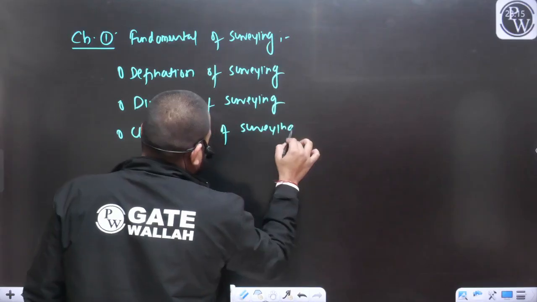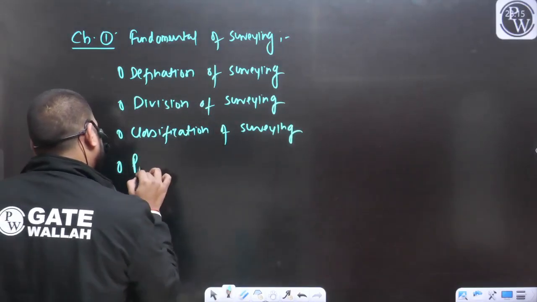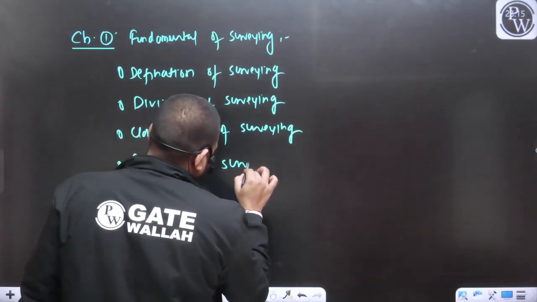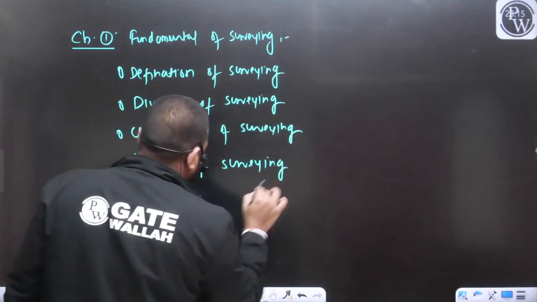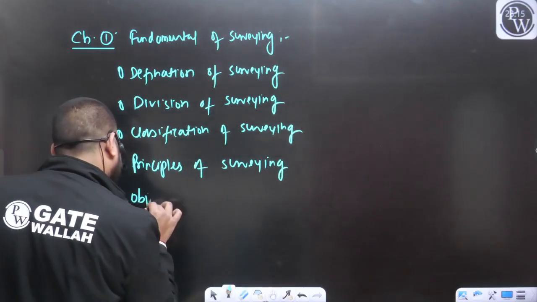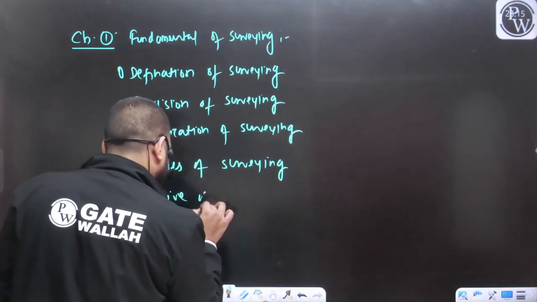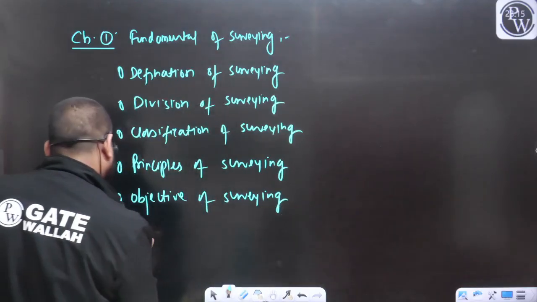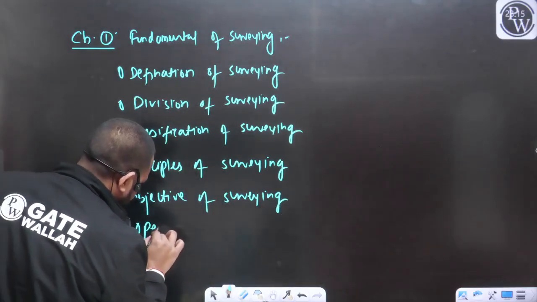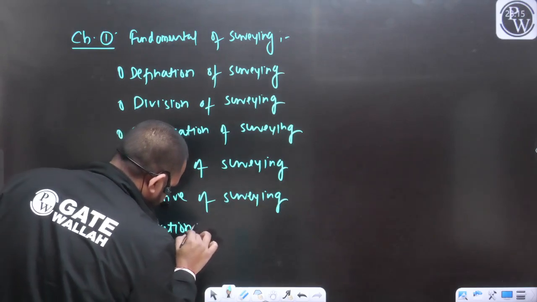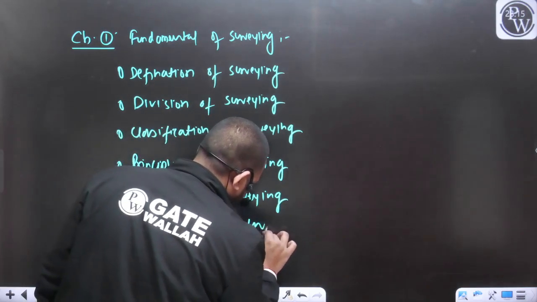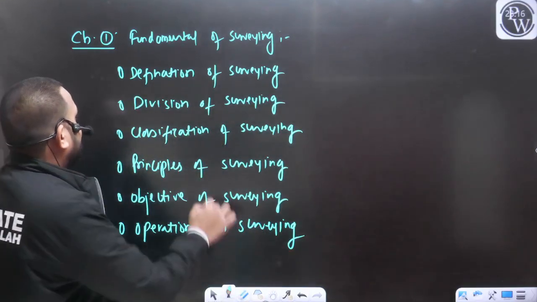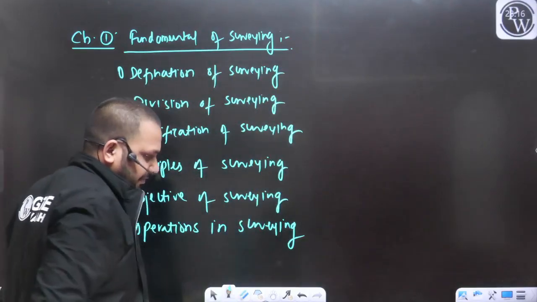We have discussed the principles of surveying, the objective of surveying, and we have also discussed the operations in surveying. So these are the topics that we have covered in chapter number 1, the fundamentals of surveying.